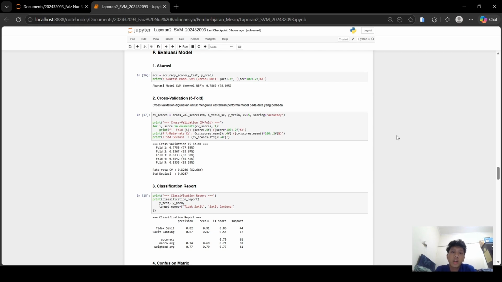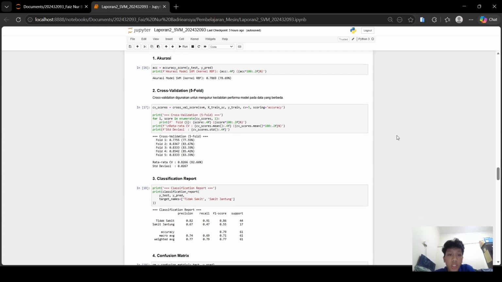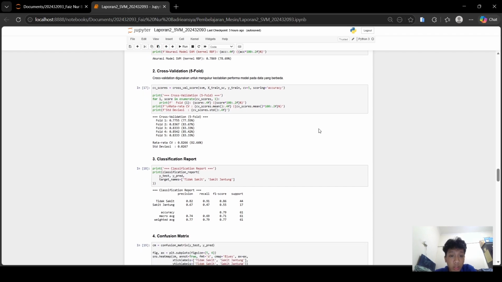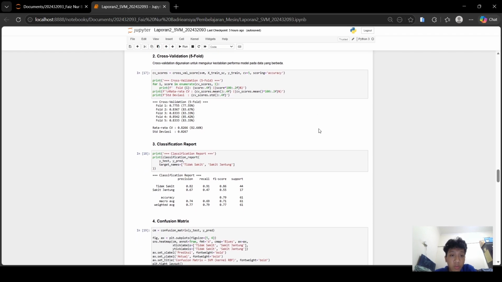First, the accuracy of the SVM model with the RBF kernel is 78%, and cross validation is used to check the stable performance of the model on the data. We have 5-fold cross validation.